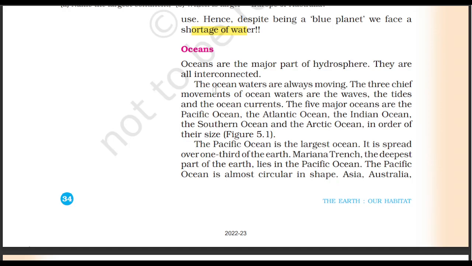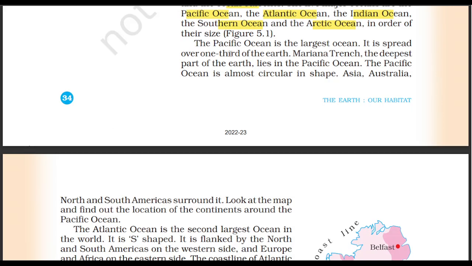In order of size, as I told you a moment before, the Pacific Ocean is the largest ocean. It is spread over one third of the Earth. The Mariana Trench, the deepest part of the Earth, lies in the Pacific Ocean.